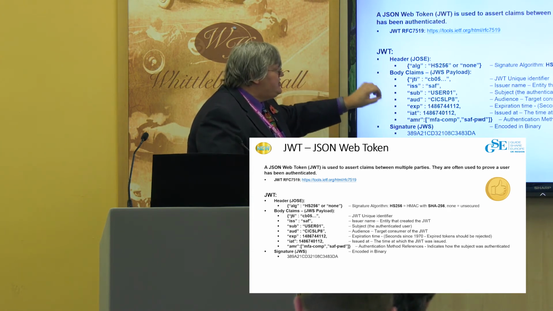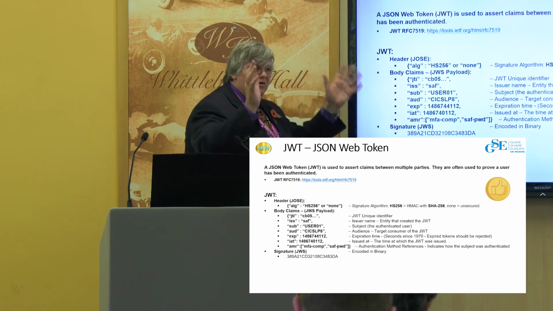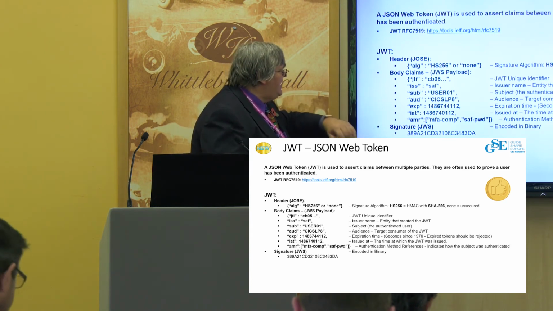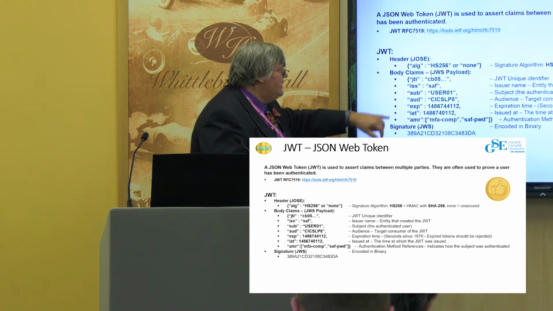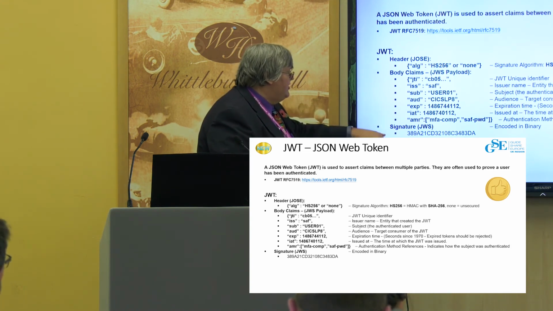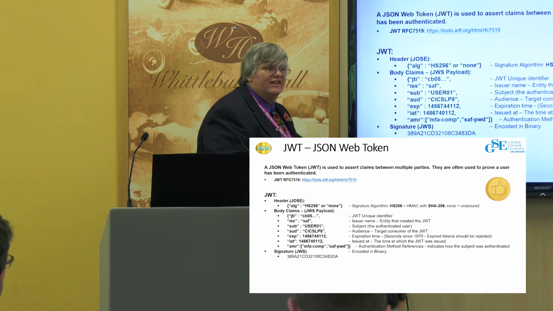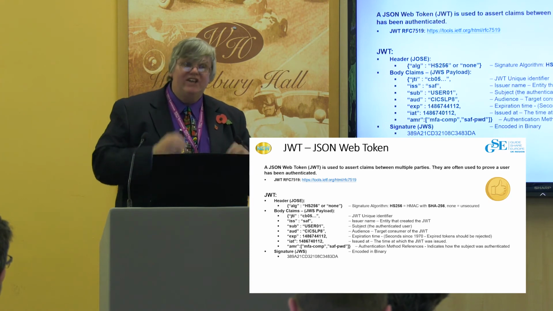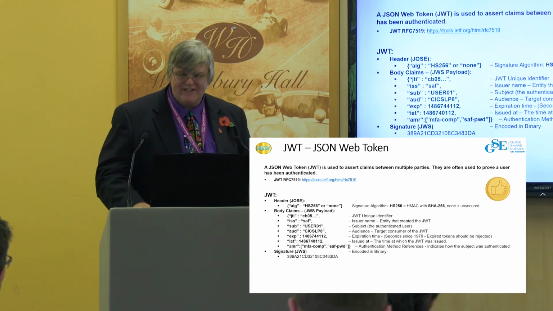SAF is the issuer name. It can be anything, but for the ones we're creating, we'll all have an issuer name of SAF. Then the user ID, the application name, an expiration date, the time at which it was issued, and then the all-important signature at the end. Now, whenever you have a signature, that means you're going to have a key to create the signature. We'll talk about that in a second.